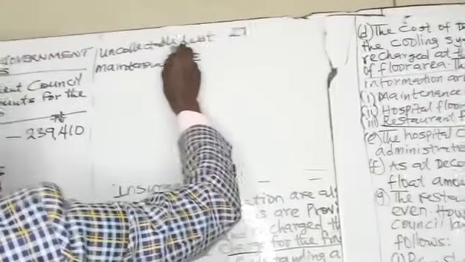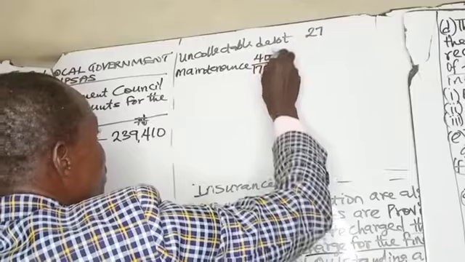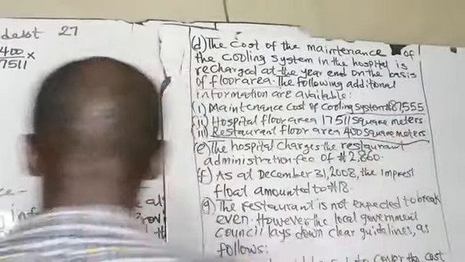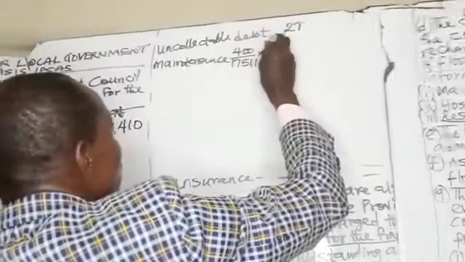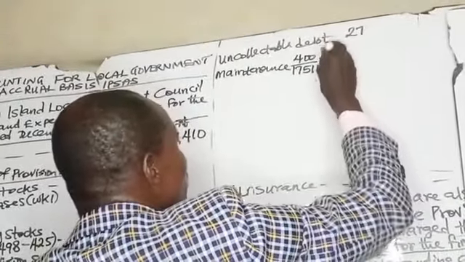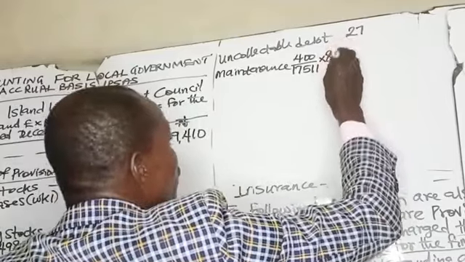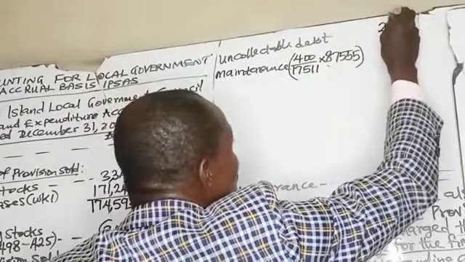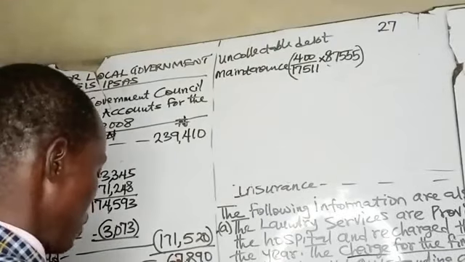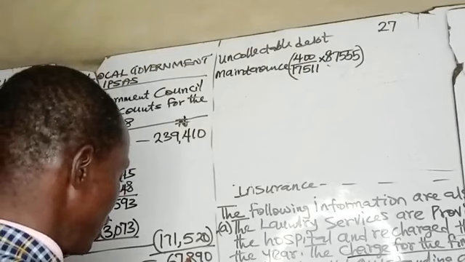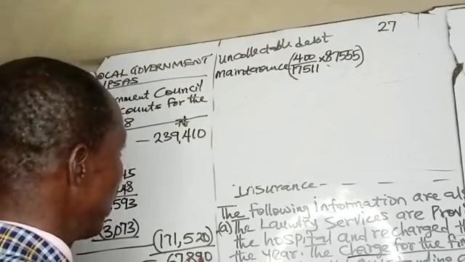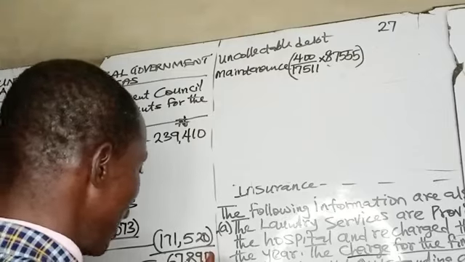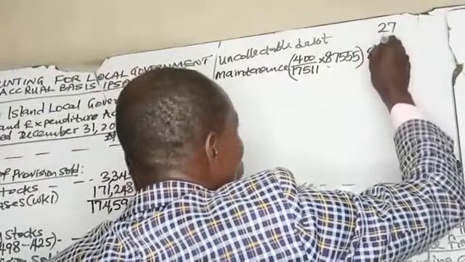So that is 400 over 17,511 times the cost of maintaining the whole thing, 87,555. So 87,555 times 400 divided by 17,511 gives us 2,000.